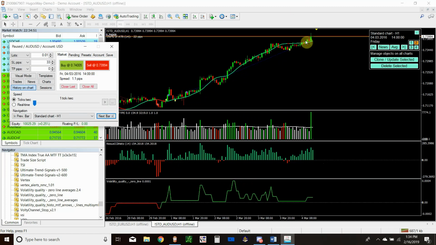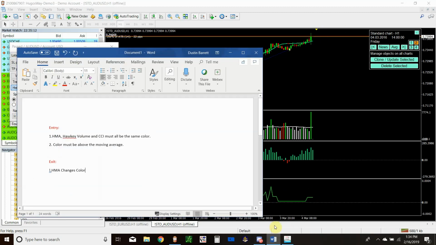Okay, so we have good volume here. We've got green, and we're still green on the VQI. So maybe we may even want to think about using this VQI as our indicator to stay in the trend, because we still would have been in this trade if we'd done that. So let's go ahead though, and we're going to actually change our rules now.